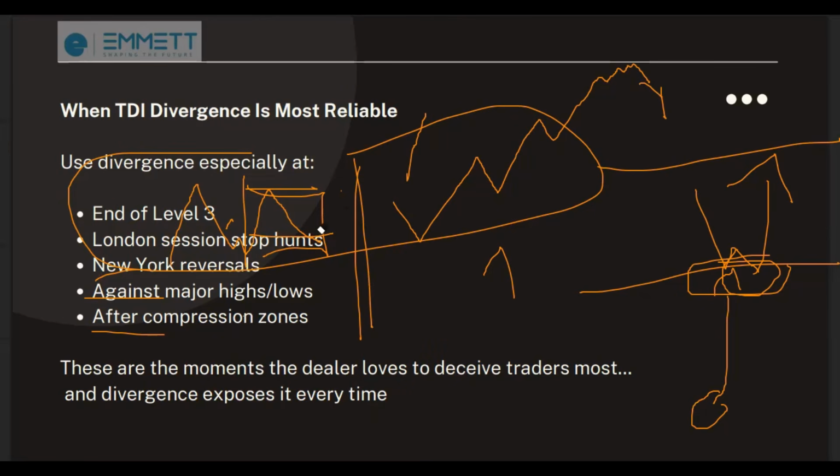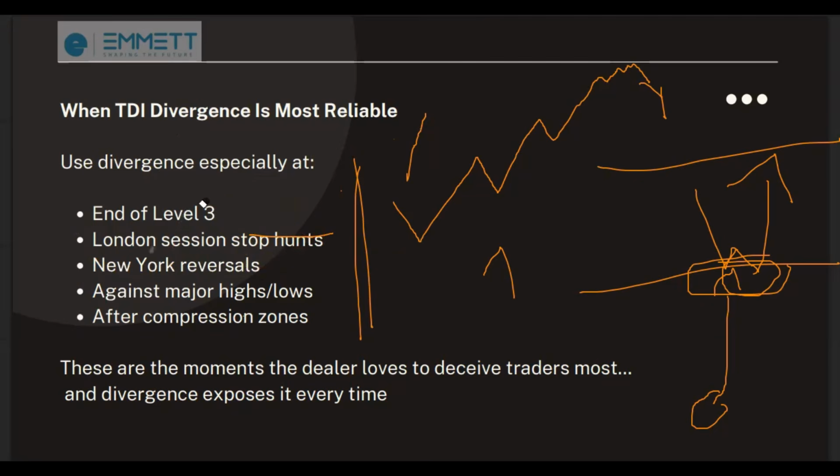Now, anything that looks obvious to the dealer, those are liquidity zones. It is where the people are putting their money, the retail market, in other words. All right. So these are the moments the dealer loves to deceive the traders most. So he fakes out, comes back, he does a lot of crazy things around those levels. And so divergence exposes that particular situation every time. If you're able now to identify and confirm those things with the TDI, hardly would you go wrong.